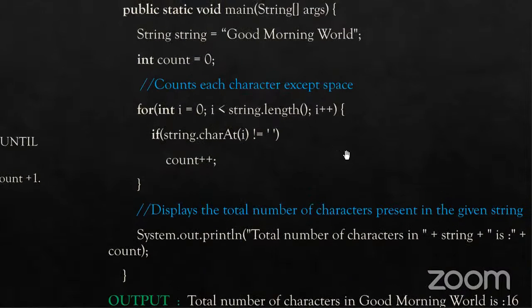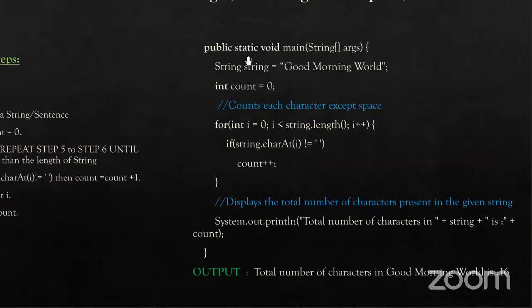So I think you guys got this. This is our program for finding the character count of a string excluding white space. Why excluding white spaces? Because a white space will also count as one character in the string, that's why we are excluding it.